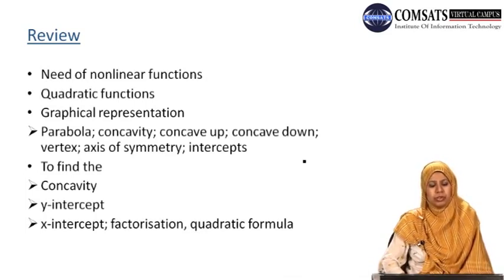Then we were also interested in the graphical representation of the quadratic functions, and there is one way to obtain the graph of a quadratic function which we did in our chapter 4. That is, we take some values of the input and the corresponding values of output, and then we plot these points accordingly and obtain the graph of our quadratic function.